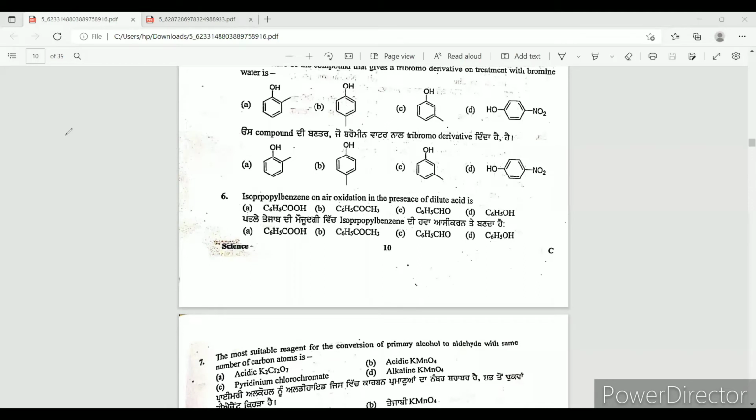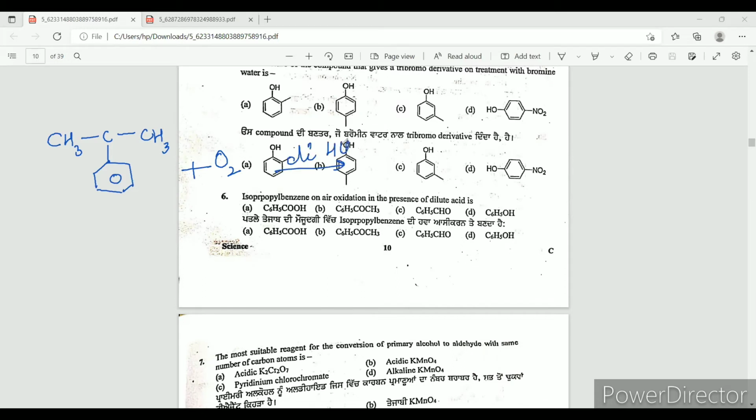So 1, 2, and 3. And at the second position, we are having benzene. On air oxidation, that means we are adding oxygen. Oxidation means addition of oxygen in the presence of any dilute acid.